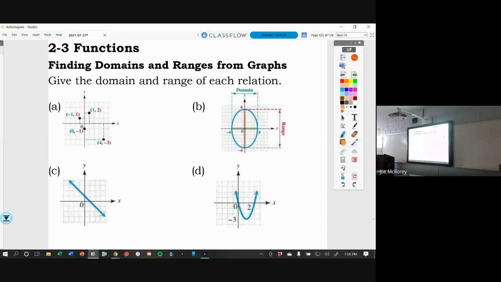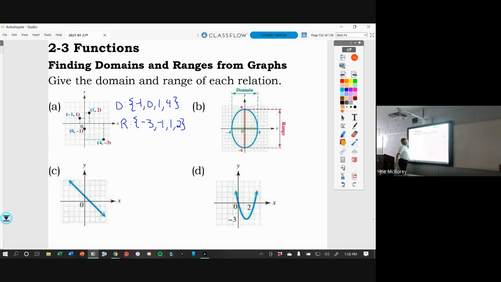Letter A, what's the domain? -1, 0, 1, 8. Range: -3, -1, 1, 2.